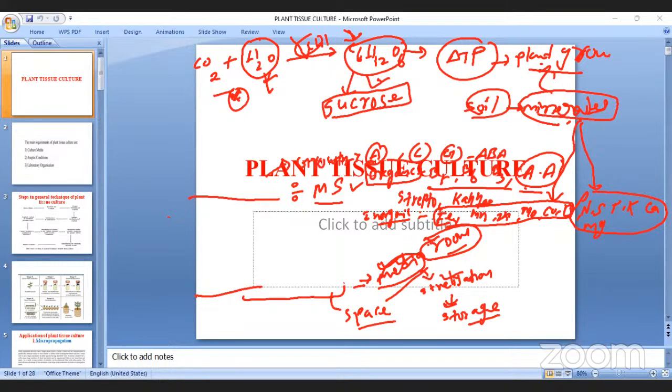Gibberellin and abscisic acid are used occasionally. This is the regular process. Regularly, in normal condition, auxin, cytokinin, and gibberellin are used. These are the growth promoters. These three growth promoters.